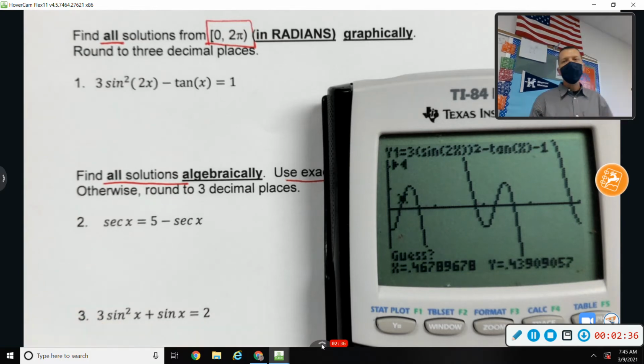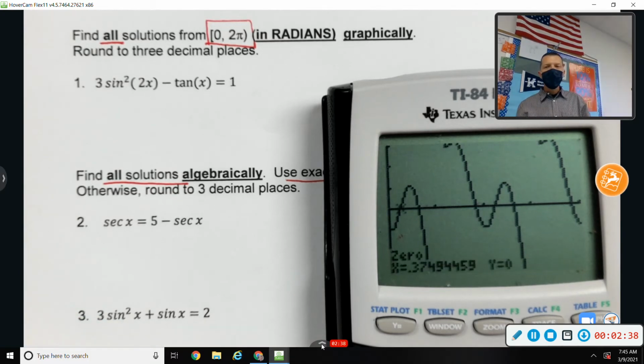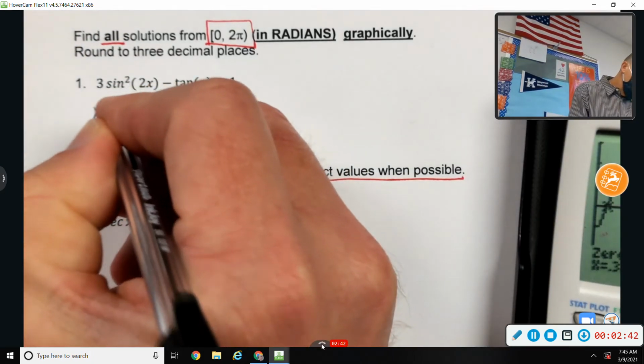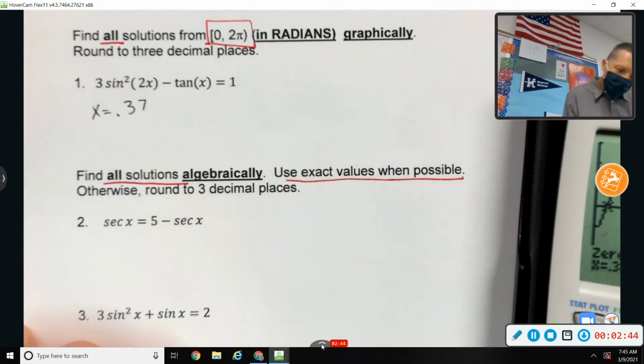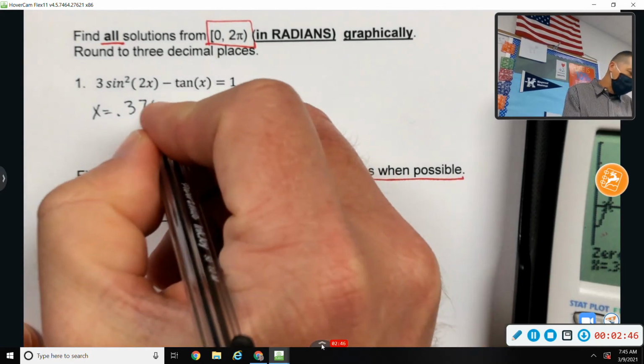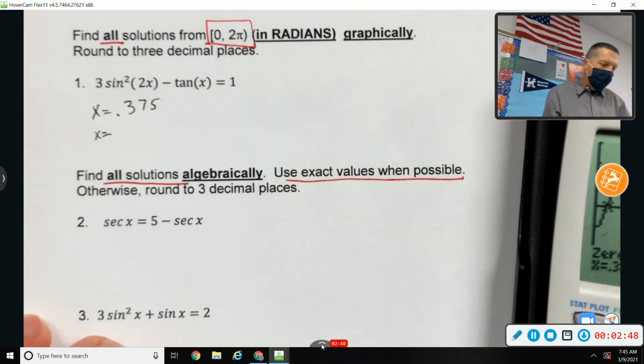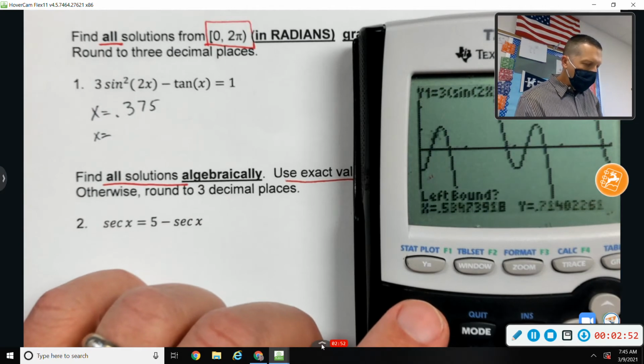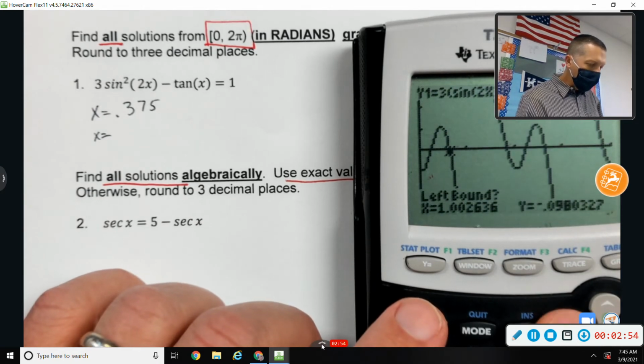And guess, you can just press enter again, and it thinks for a minute and spits out your answer. 0.375, 3 decimals. And repeat that process 5 more times. And yeah, fair enough. Maybe I should have picked one that had fewer zeros, but more practice, right?